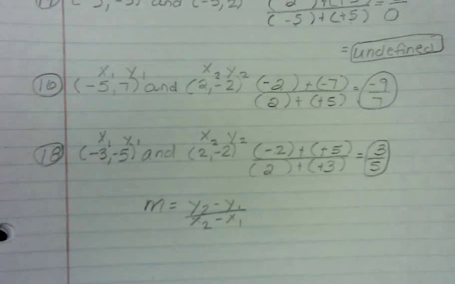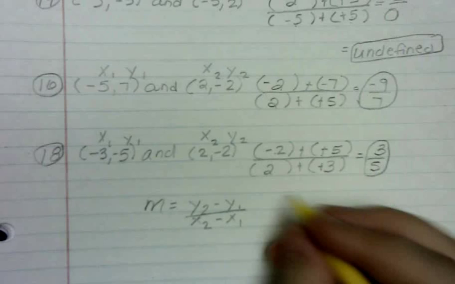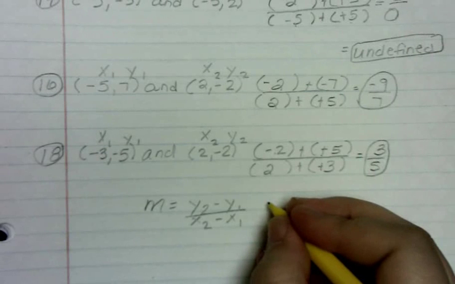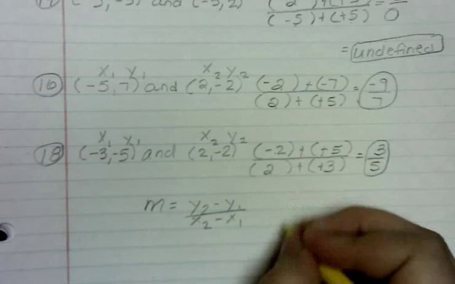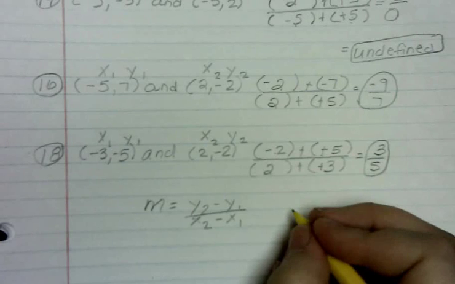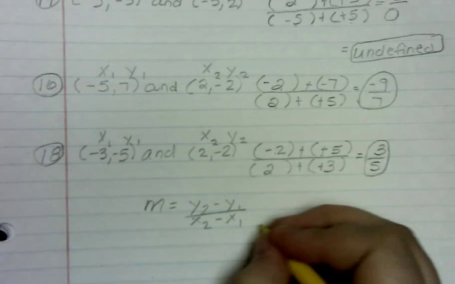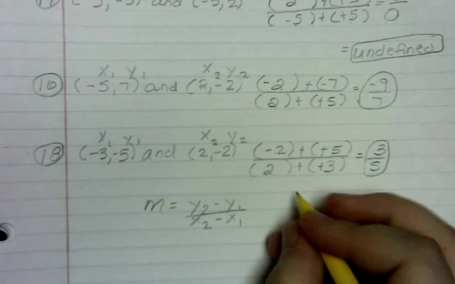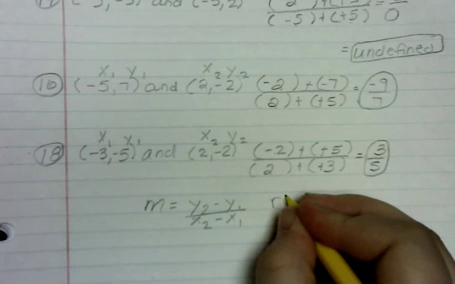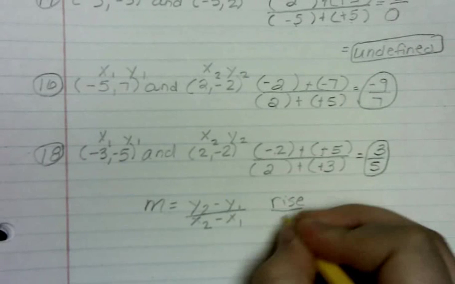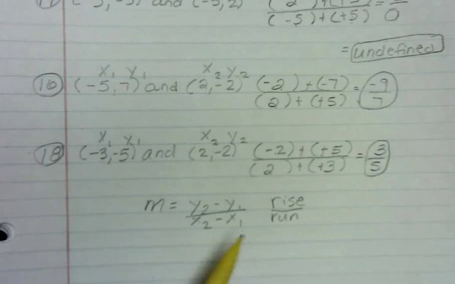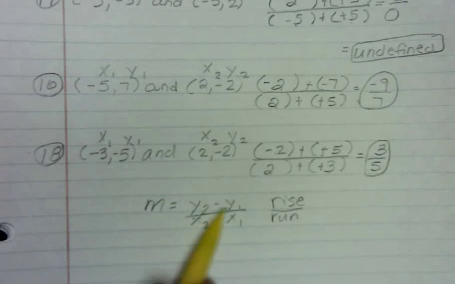One way you can remember which variable goes where is that in your numerator you have your y values that go up and down, and your x values go left to right. Remember, your slope is always rise over run. So your rise variables would go up top and your run variables would go in the bottom.